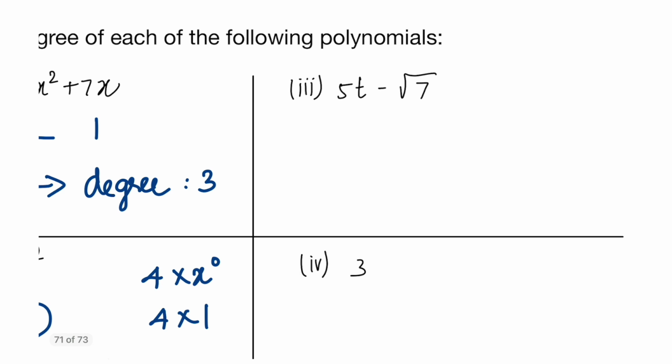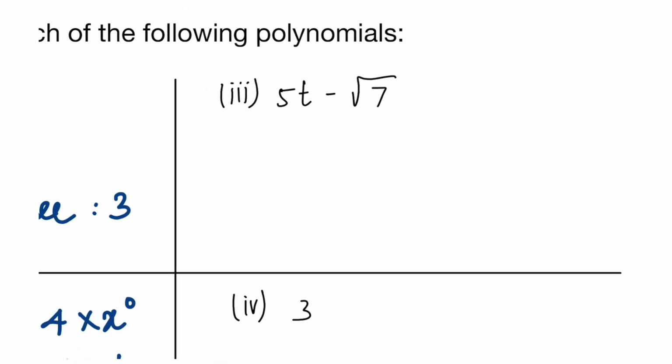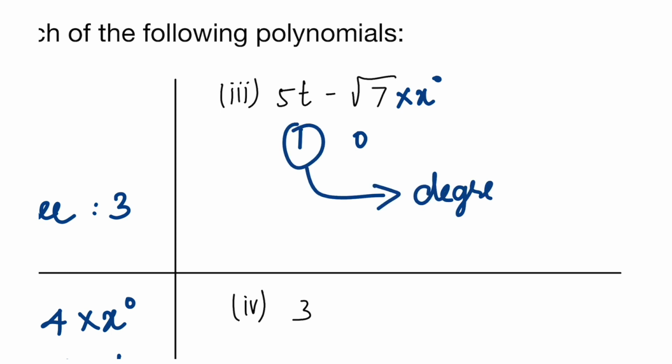We are moving to the third subdivision. It's also again very similar to what we have seen. It's basically same. I think by this time you would already have gotten the hang of it and you'd know the answer by now. Anyways, I'm going to tell it, right? So here the power is 1 and here the power is 0 because we basically have x power 0 here, so the power is 0, and since 1 is greater, so that would be our degree, right?